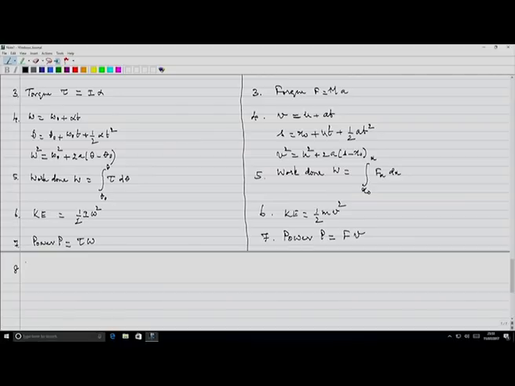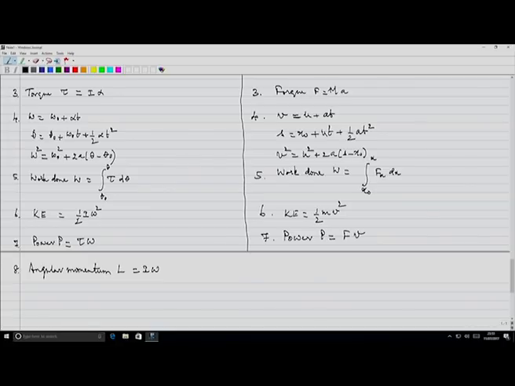8. So this is the equation which I am going to write just to complete the analogy, but we are going to see it a little later. It is the angular momentum L is equal to I omega.